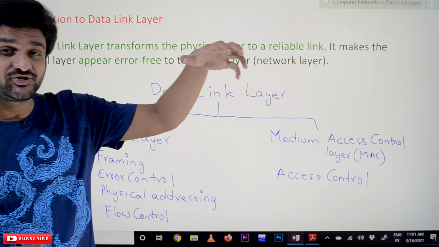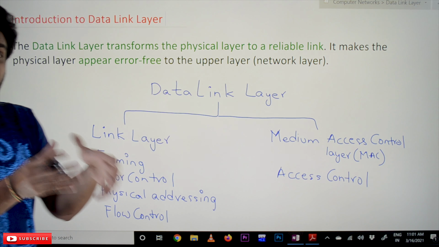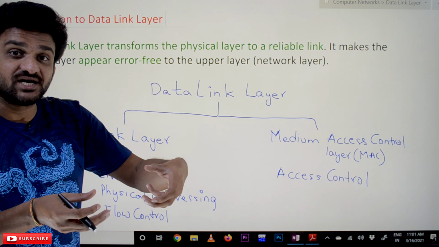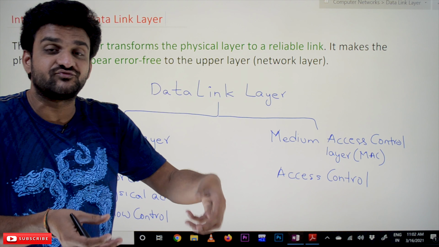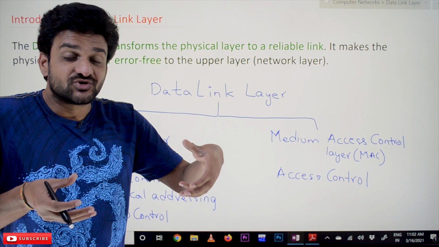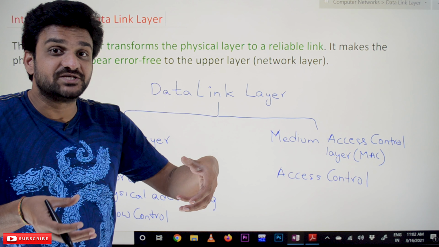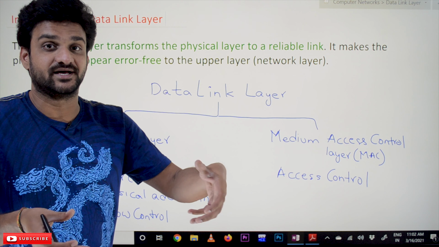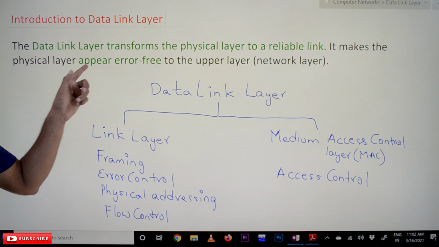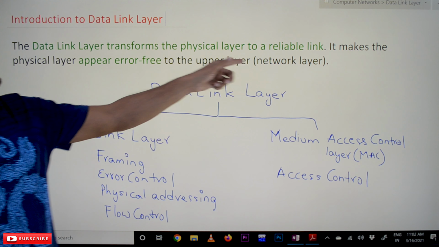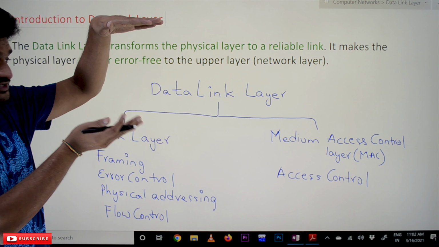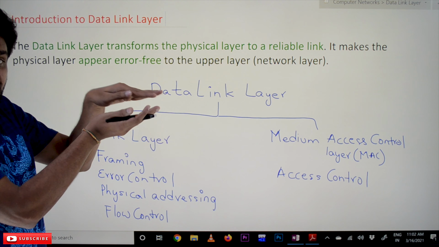The objective of the data link layer is to make the physical transmission medium, which is used for the transmission of bits from one system to another system, a reliable link. It makes the physical layer appear error free to the upper layer called network layer. So between the physical layer and the network layer is the data link layer.